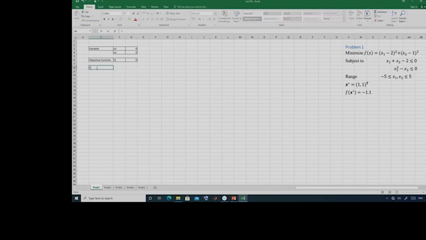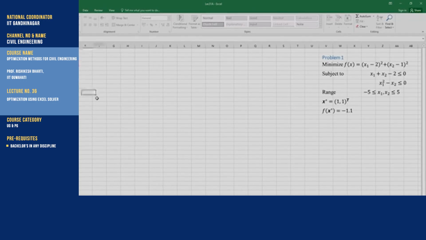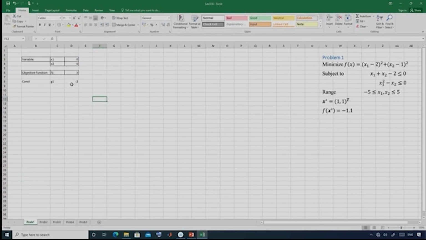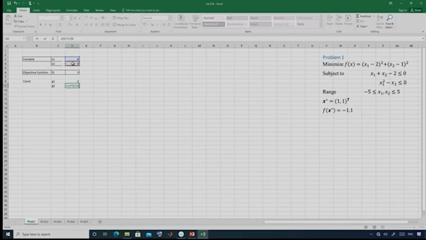Now you write the constraints. We have two constraints here, that is g1. So you write g1, what is g1? g1 equal to x1 plus x2 minus 2. So the g1 value for x1 equal to 0, x2 equal to 0 is minus 2, and you also write g2. So g2 is x1 square minus x2.